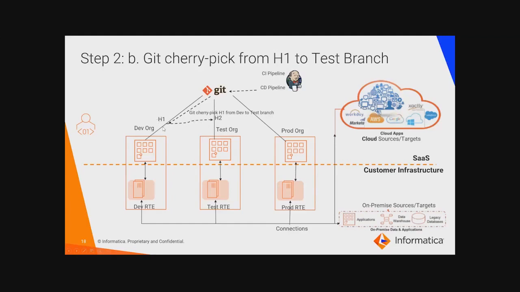So the moment we do the git cherry-pick in the test org, there will again be a push happening into the test org, because whatever commit is there in dev will get pushed to the test branch. Because of this git push, a CI pipeline gets triggered again for the test org.